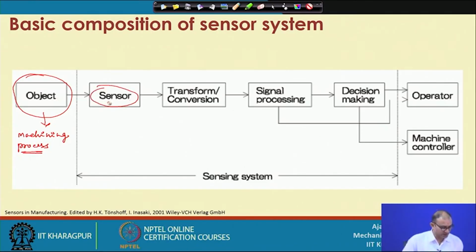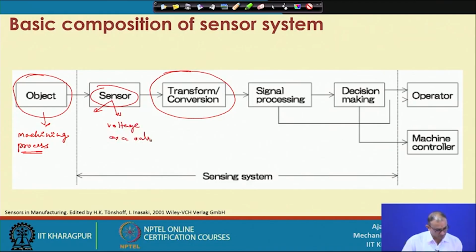Now, the sensors are getting a lot of data, that is raw data, giving the signal in terms of force signal or current signal, voltage signal, whatever way. Then there is a transformation or conversion, because most sensors will give a voltage as output.